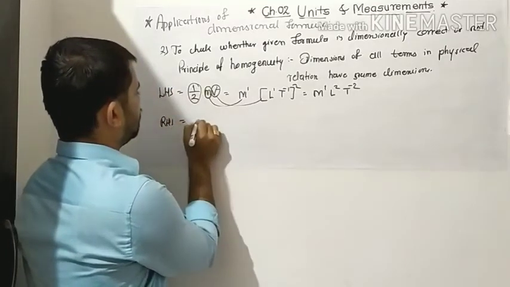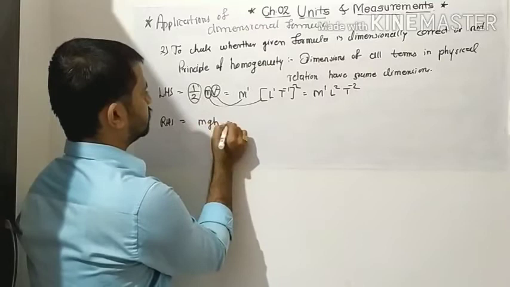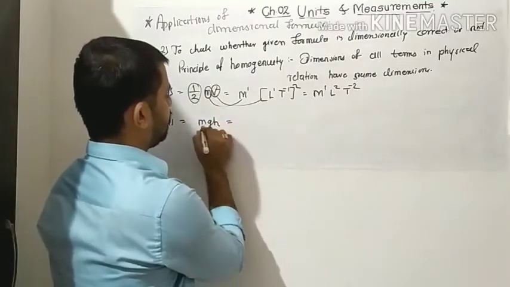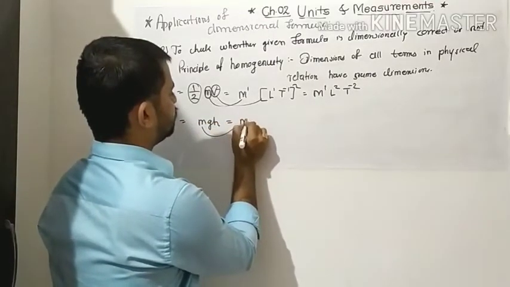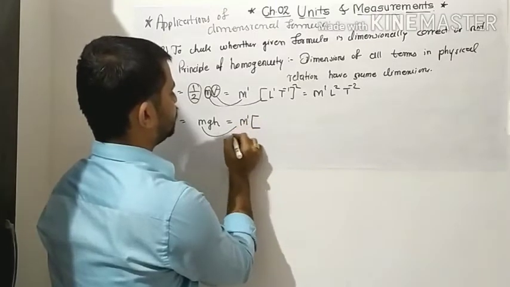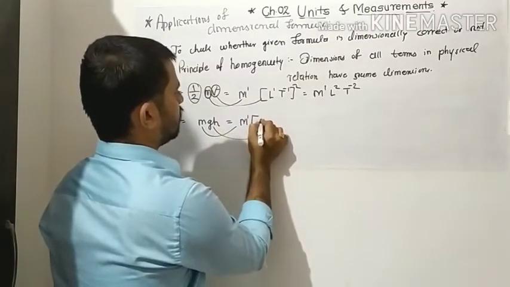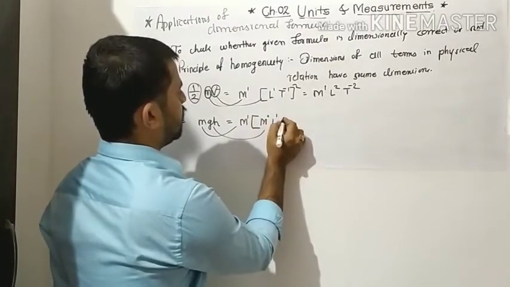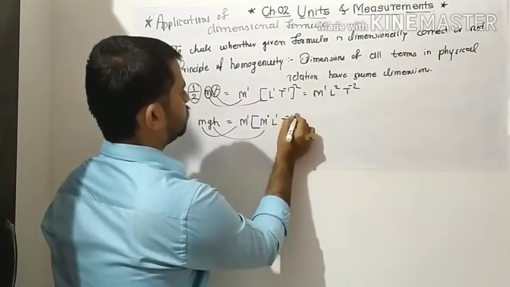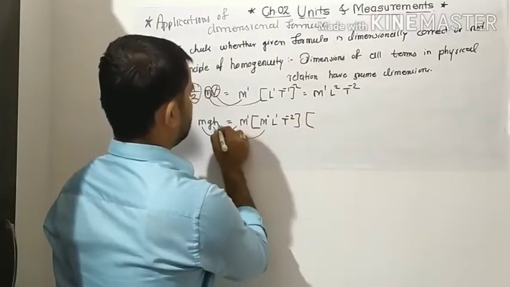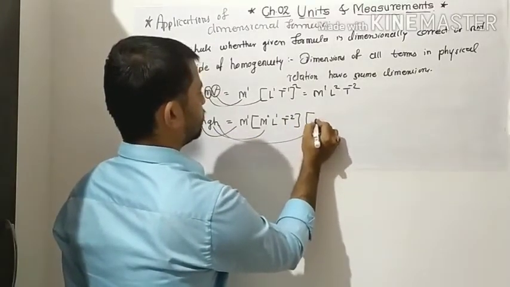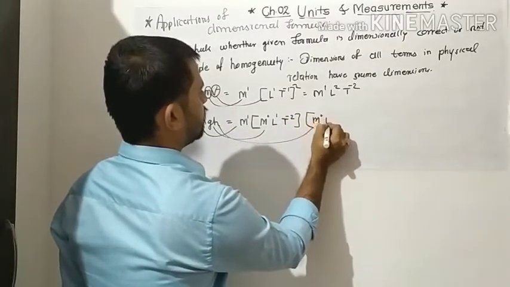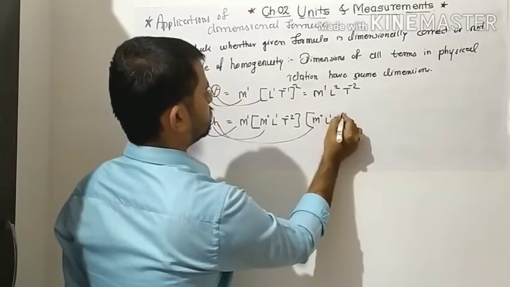It is mgh. So for the mass, the formula is m raised to 1. Then for the acceleration, it is m raised to 0, L raised to 1 and t raised to minus 2. And for the height, again it is m raised to 0, L raised to 1, t raised to 0.